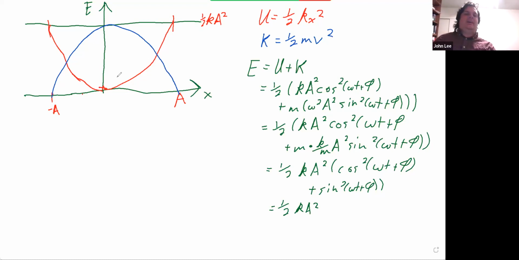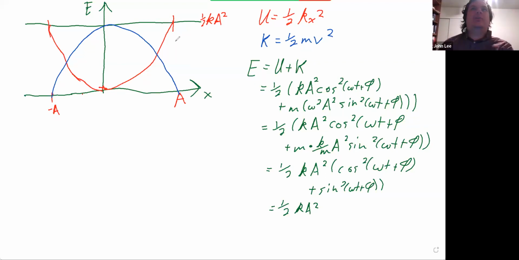So when we talk about a simple harmonic oscillator, we see this red curve where the energy goes up quadratically as the parabola until it hits the value of 1/2 Ka squared, because that's its turnaround point.